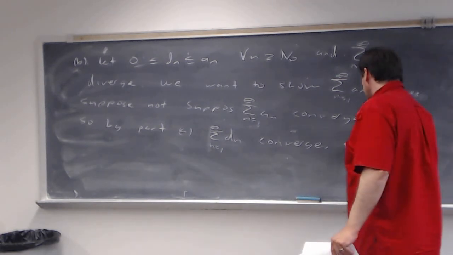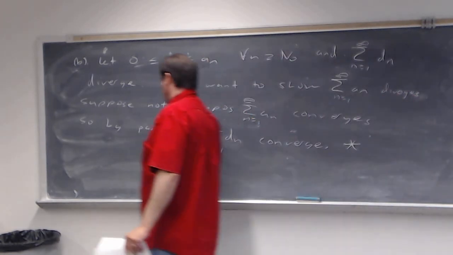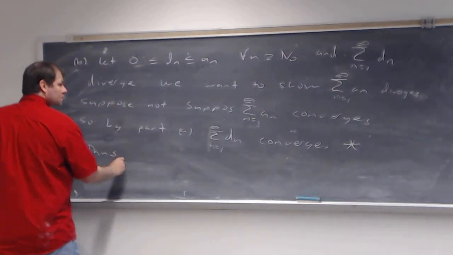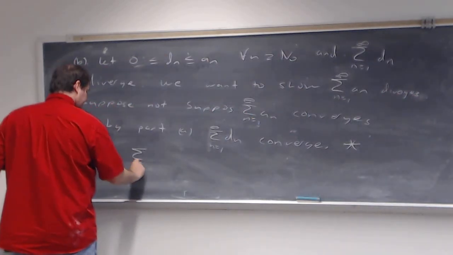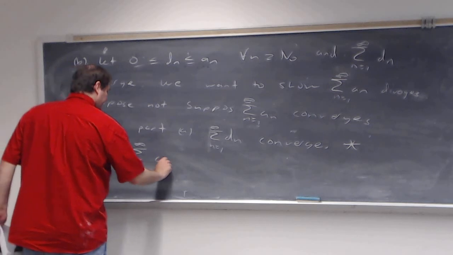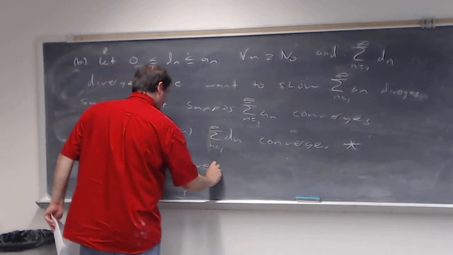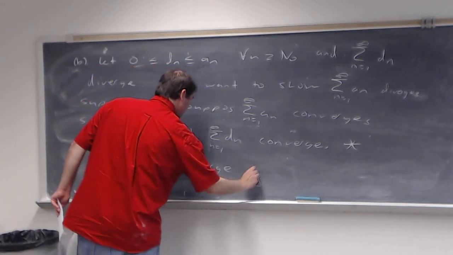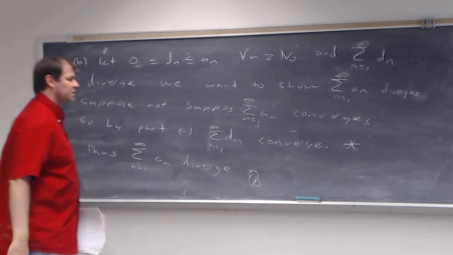But that's a contradiction because we're assuming that they diverge. Thus, this series as n runs from 1 to infinity of the a sub n's must diverge. And that is the proof of part B, and thus the whole theorem.